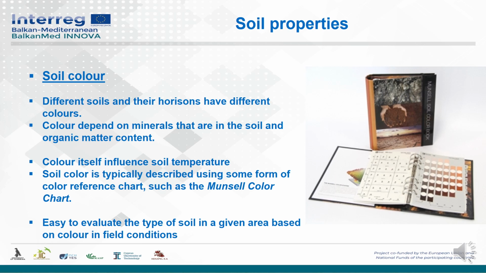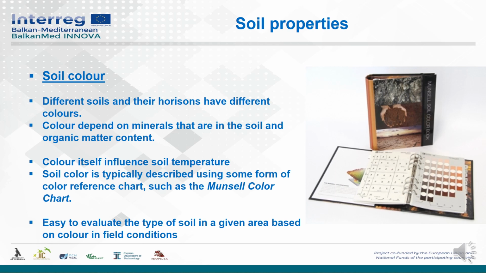Because the color depends on minerals that are in the soil and on the organic matter content. Different soils and their horizons have different colors, as we saw in the previous part of this lecture.